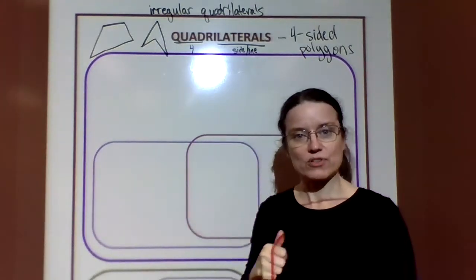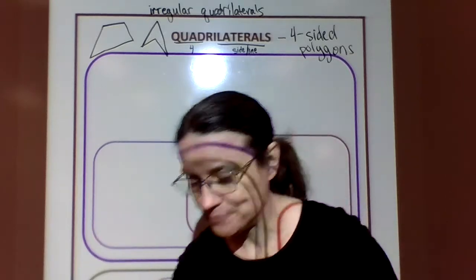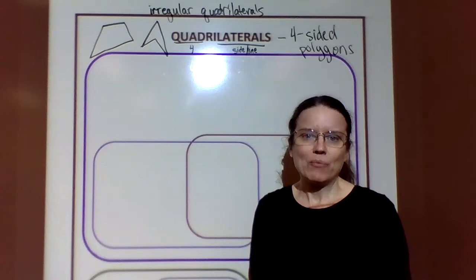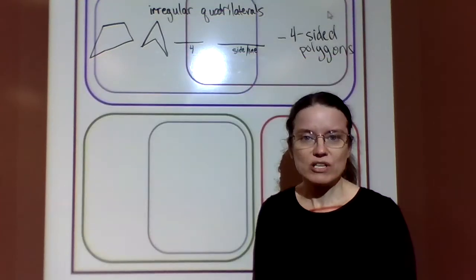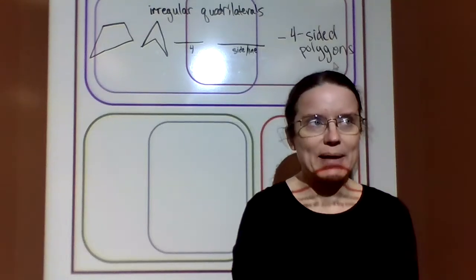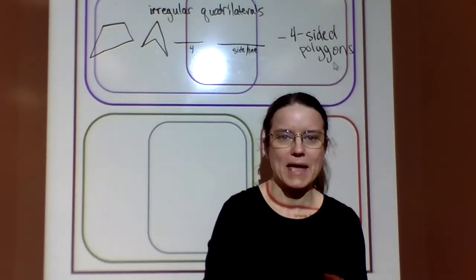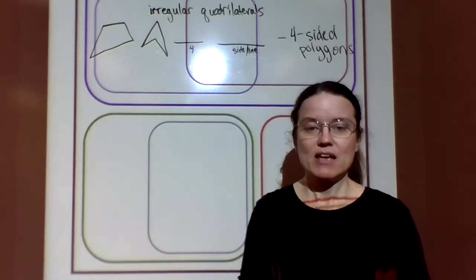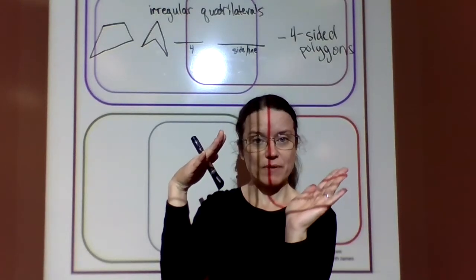So cool, we've got four-sided shapes. Well, those four-sided shapes can be broken down into a lot of categories. So you think about, okay, well, what could I do special to a four-sided shape? Well, the first thing you could do is you could decide, okay, maybe some of the sides are the same length. If you do that, you have to decide whether those sides are next to each other or opposite from each other.